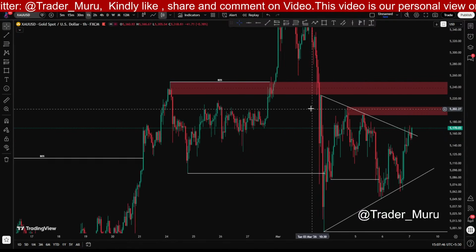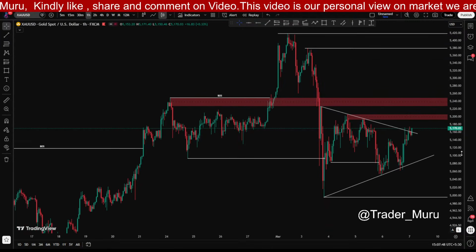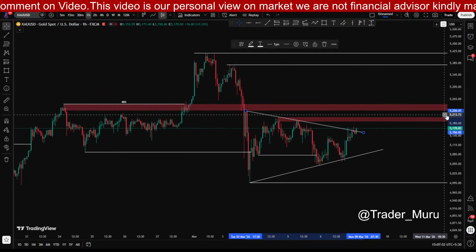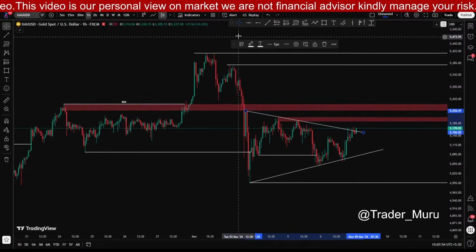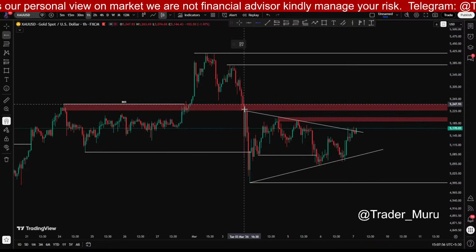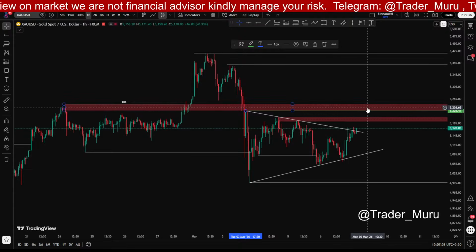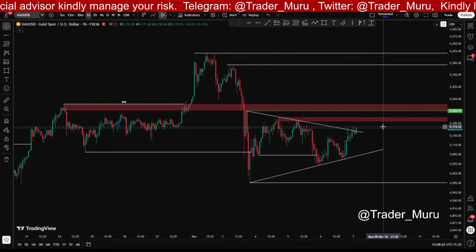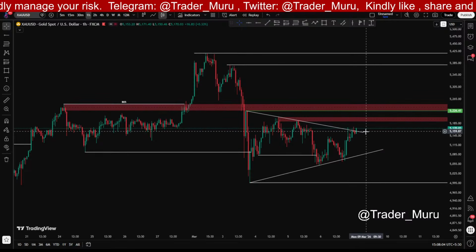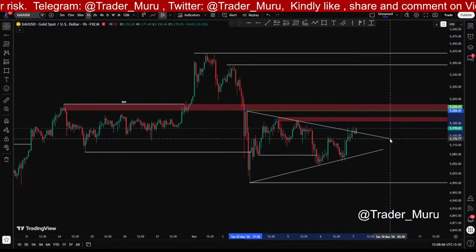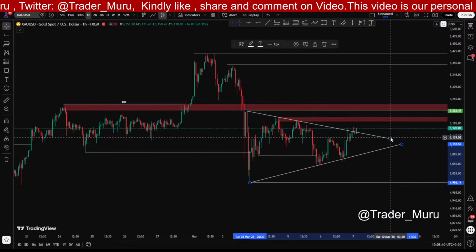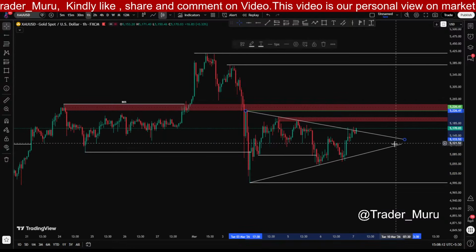So according to this pattern, we are expecting gold to test this high around 5226, and once this liquidity gets swept, we can expect it to retrace a bit, and the retracement target will be the retest near this trend line, and then once it breaks below this bottom trend line, we can short.